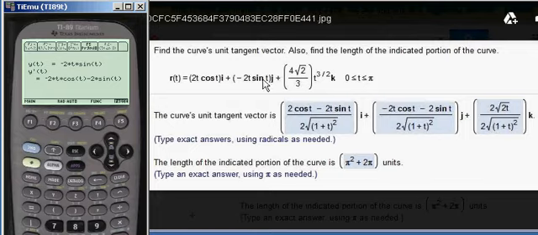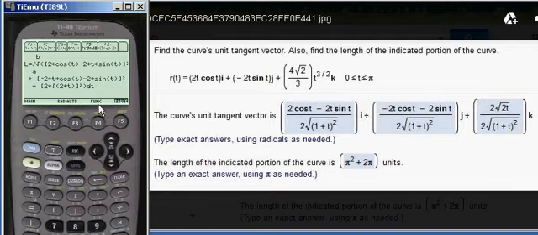And here's y of t, the next one, minus 2 times t sine of t. Derivative of that is this right here. Of course you knew that, didn't you? You can pull that stuff out of the air just like anybody can. Here's z of t, and the derivative turns out to be 2 times the square root of 2 times t.